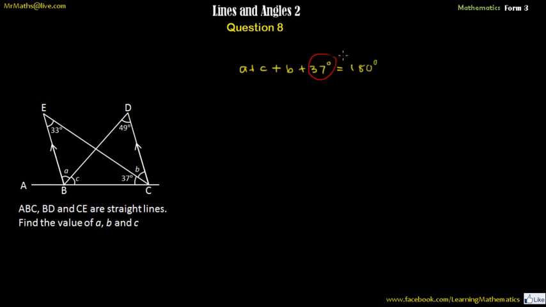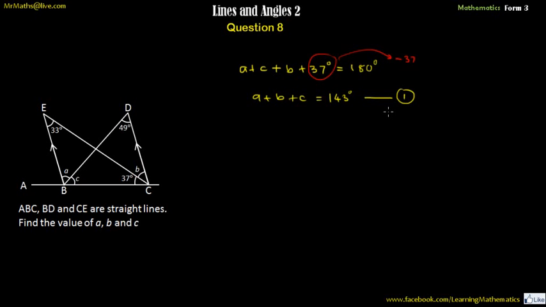So if we move 37 over to the left, then it becomes minus 37. So A plus B plus C, I rearrange that, equal to 180 minus 37, which is equal to 143 degrees. So that is our equation number 1.